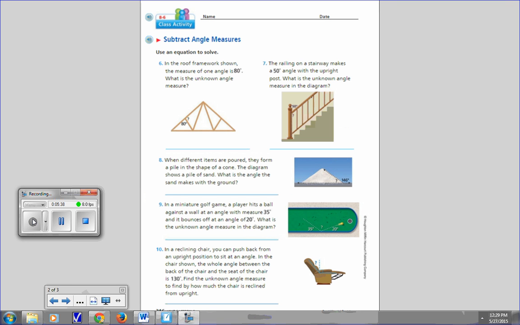So I need to take away what I already have in order to find out what I need. Like I said, a lot of this is just looking at what you know and reading the problems very carefully. In the roof framework shown, the measure of one angle is 80 degrees. What is the measure of the unknown angle? Well, what's a way that we can figure this out? I see a straight angle right here personally.